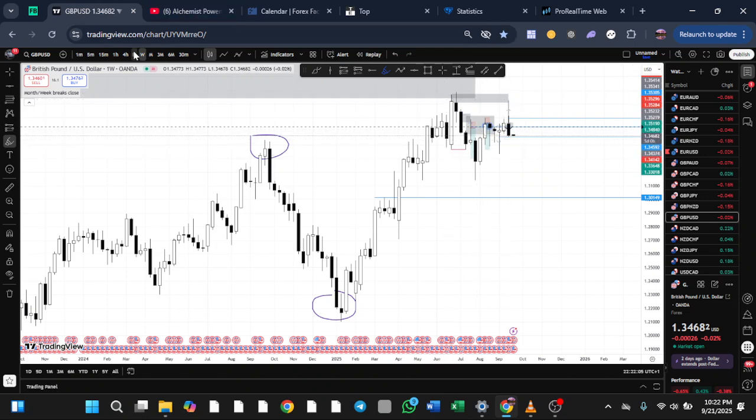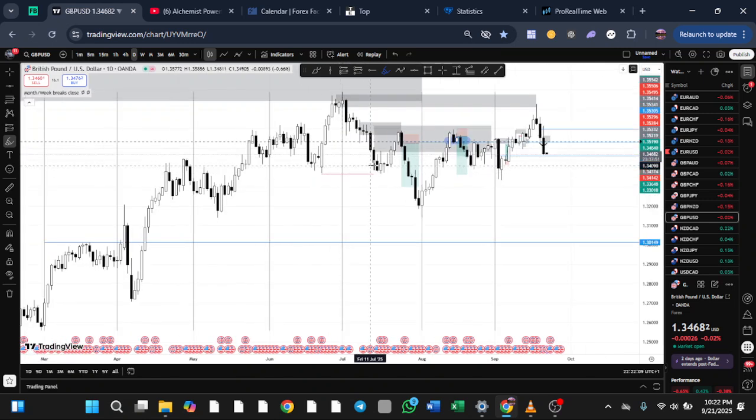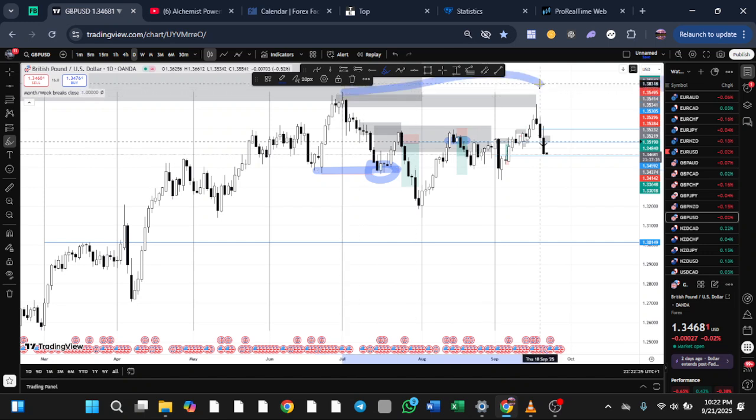And we've had break of structures, like the first one we had here, then we had this low, then we had this, and now we have this push. Looking at this, this is the first break of structure, so this is the range we're looking at, and we're expecting price coming all the way down here.